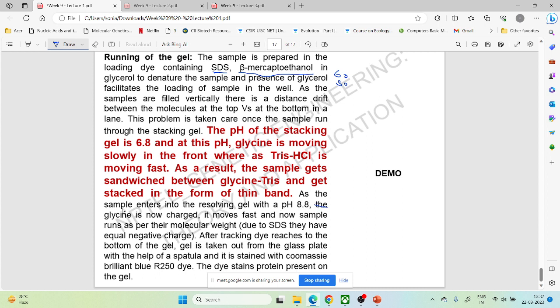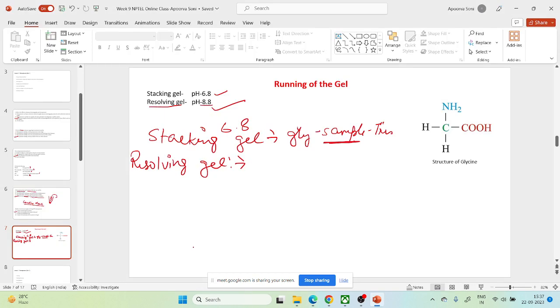It moves fast and now the sample runs as per the molecular weight. Now what we are saying is that in the resolving gel, the pH is 8.8, so glycine is getting charged. Now can anybody tell me how glycine is getting charged at pH 8.8?